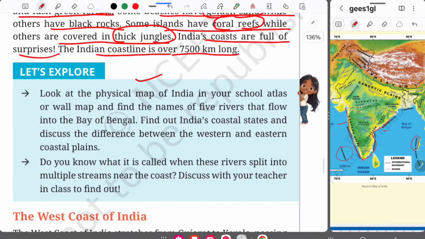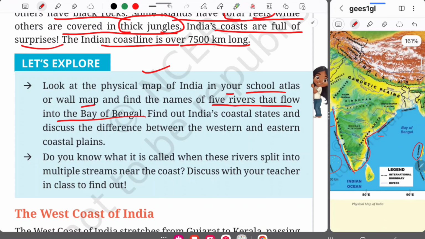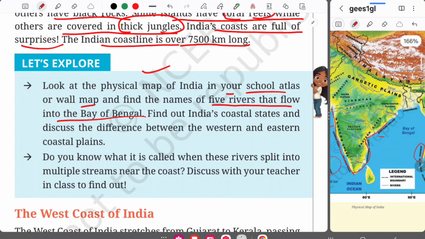Now let us explore something before proceeding towards the coastline of our country. Look at the physical map of India in your school atlas or wall map and find the names of 5 rivers that flow into the Bay of Bengal. 3 we have already marked, isn't it?